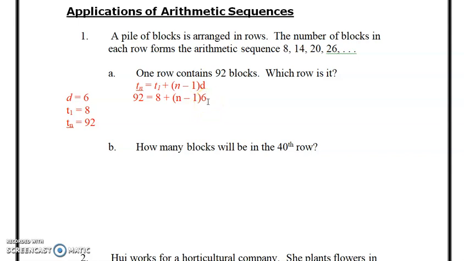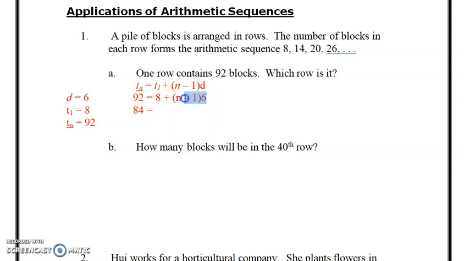Now we're going to simplify. I'll do it a little differently than we did in the previous example. This time I'll subtract the 8 off first. Again, this is just how comfortable you are with inverse operations. Because the 8 by itself here is joined by addition to the rest of this, I can subtract 8 from both sides, and I end up with 84. 92 subtract 8 is 84.